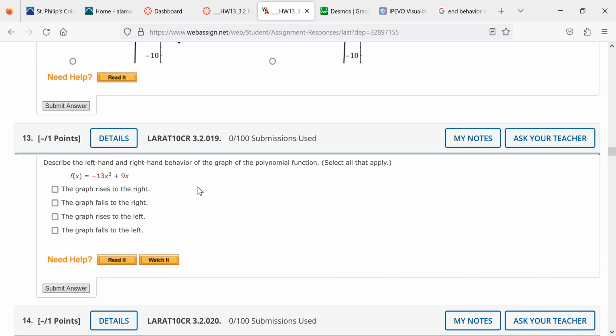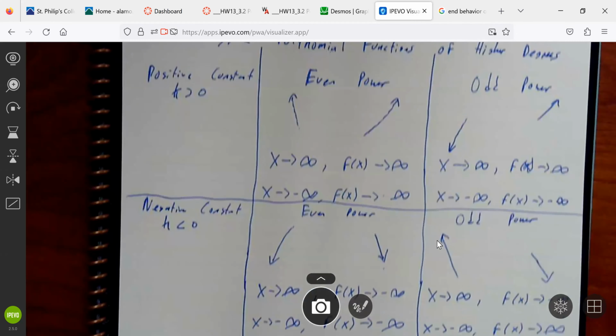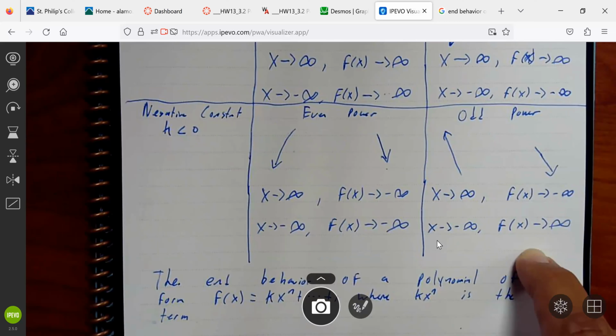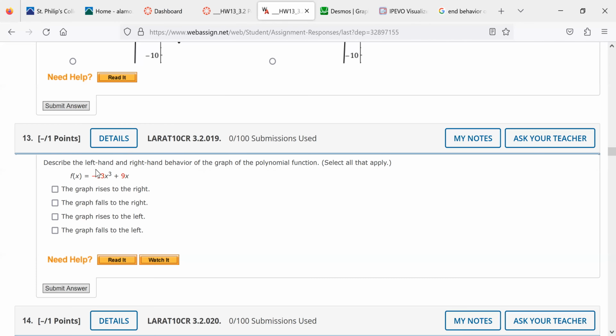Eventually they ask you straight up what the end behavior is. So this would be this last case, right? So what is it doing?